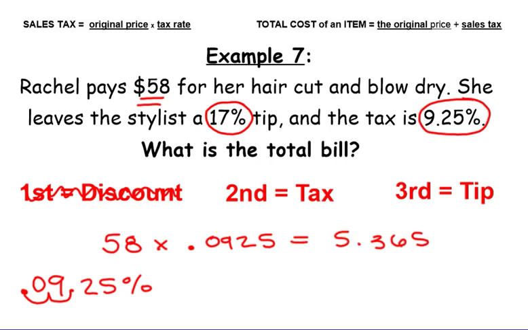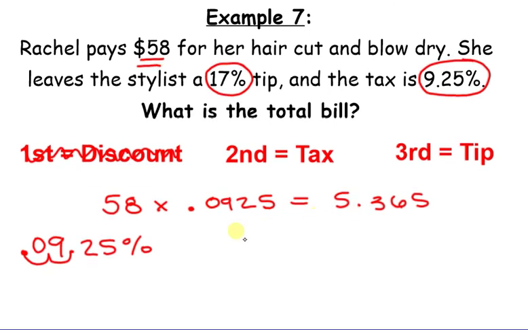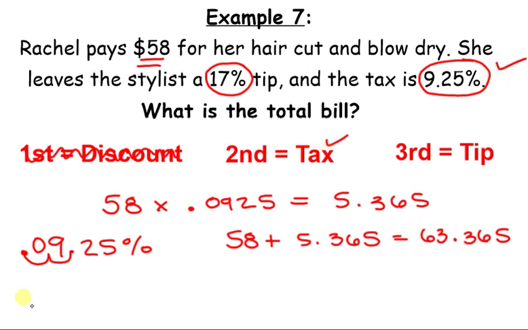Now, because it's a tax, that's money added on to the bill. So 58 plus 5.365 equals. And you should get 63.365. So you've taken care of the tax, so check that off.